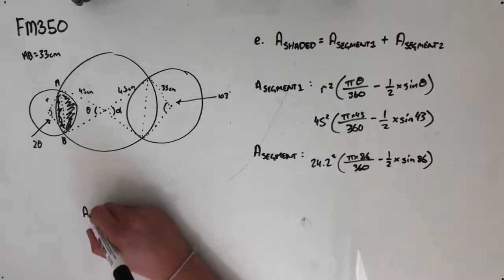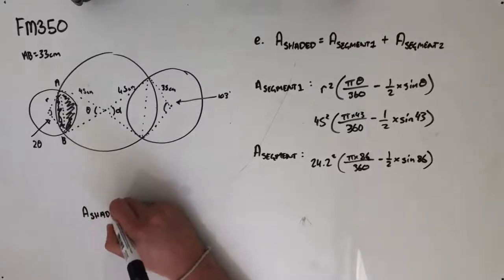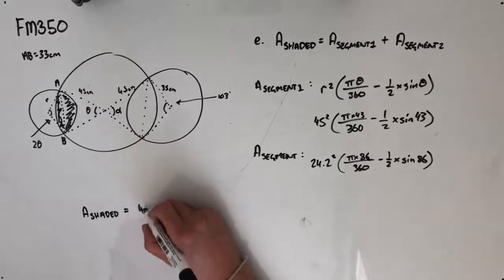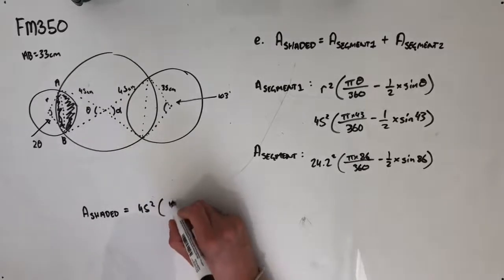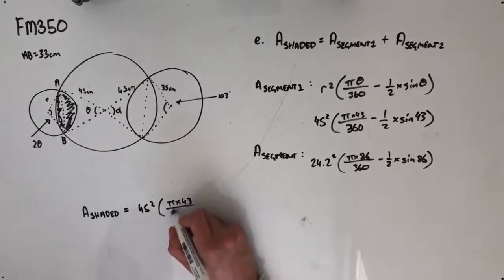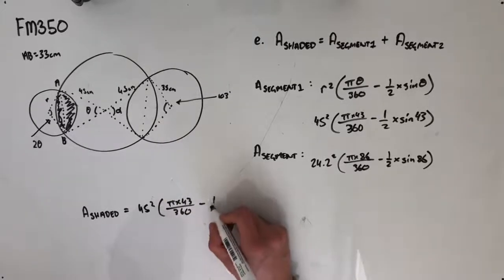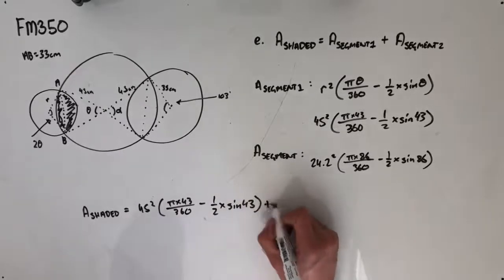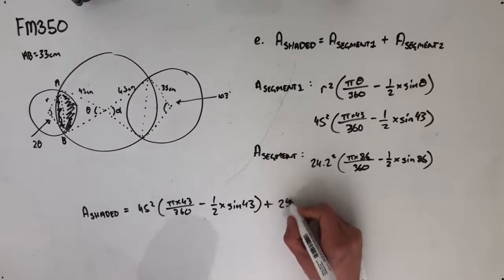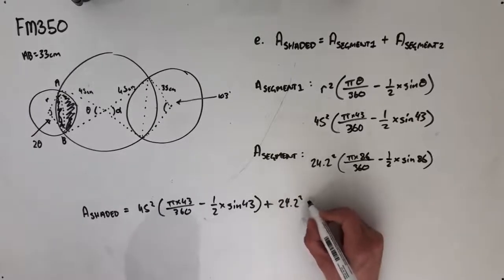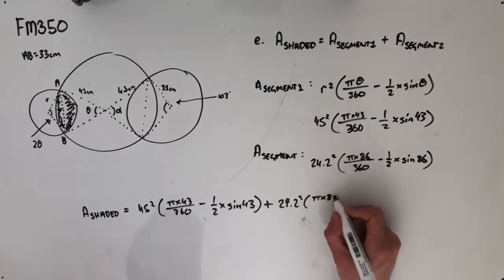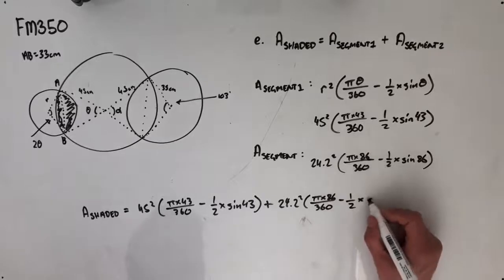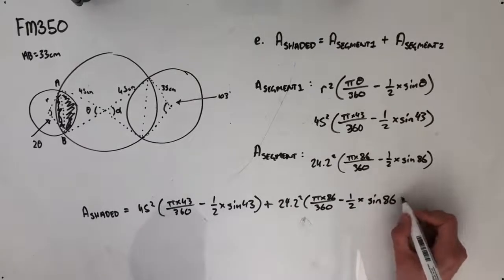Plugging that all together, the shaded area is going to be equal to 45 squared times pi times 43 over 360 minus 1 on 2 times sine 43, so the area of segment 1, plus the area of segment 2, which we represent with 24.2 squared times pi times 86 over 360 minus 1 on 2 times sine 86.